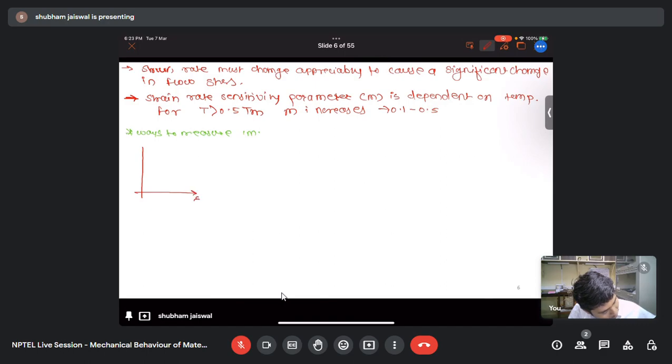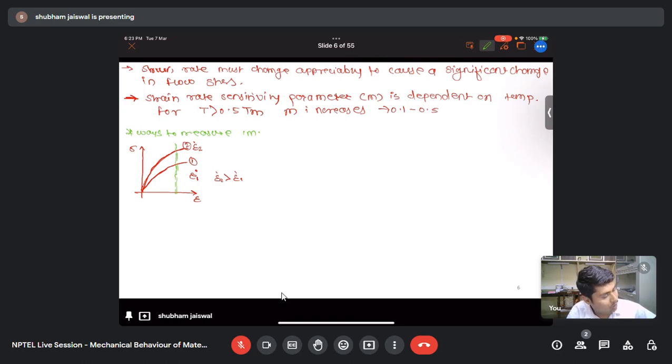So let me draw. Here, let's say I perform the first test with the strain rate epsilon 1 dot, and the second test with the strain rate epsilon 2 dot, such that epsilon 2 dot is greater than epsilon 1 dot. At this point, the strain in both cases is the same.